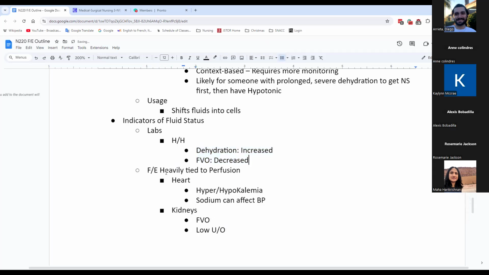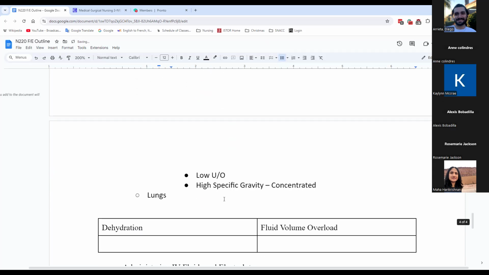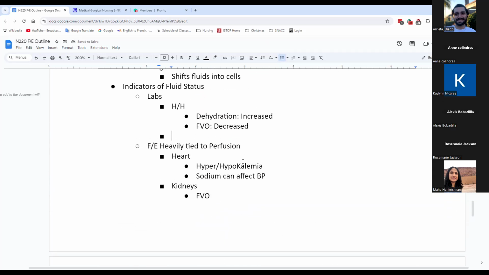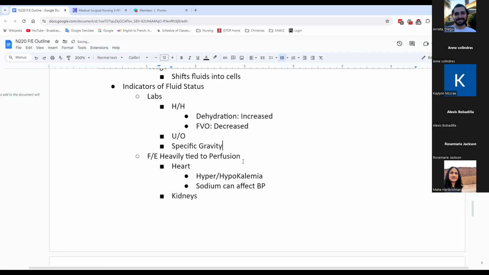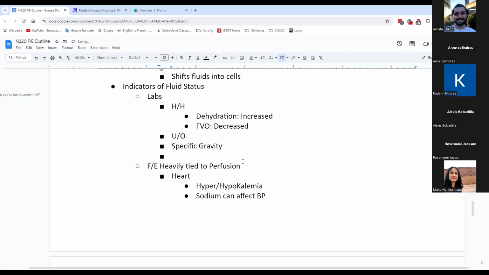Okay. What are some other labs? We talked about urine output and specific gravity as things to look at to see fluid status. Labs are inconclusive in dehydration, but I'm just giving an example.